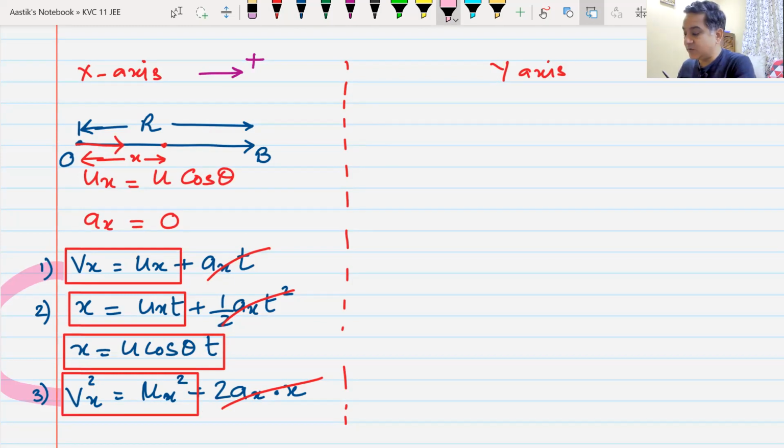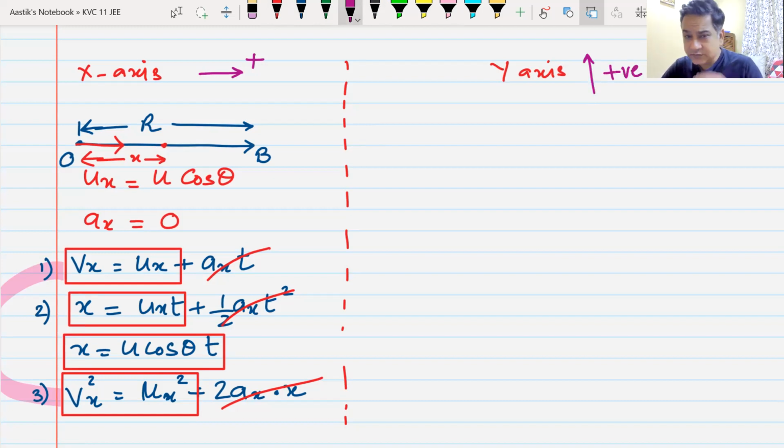Now on similar lines, I can make equations along y-axis. If I make equations along y-axis, I have to take a sign convention. The sign convention that I'm going to take is very simple. Anything upwards is positive, so anything downward becomes negative.